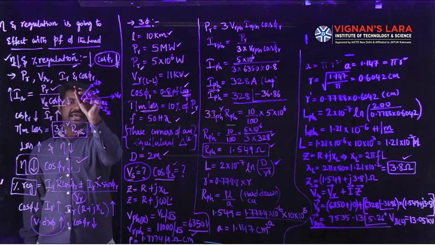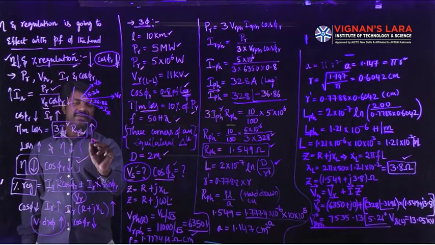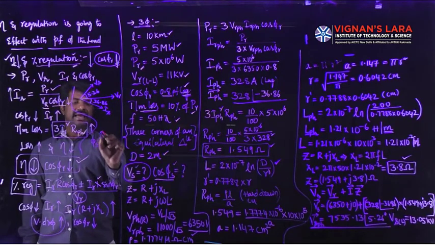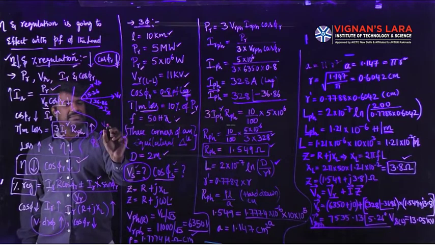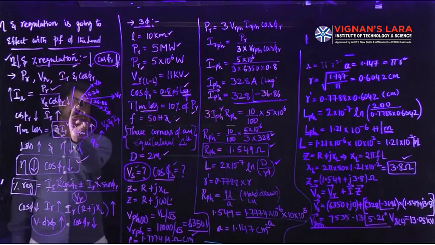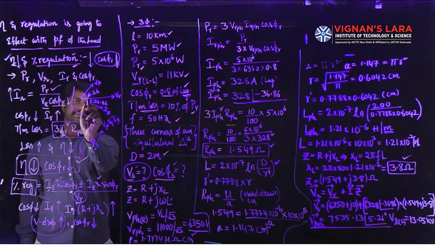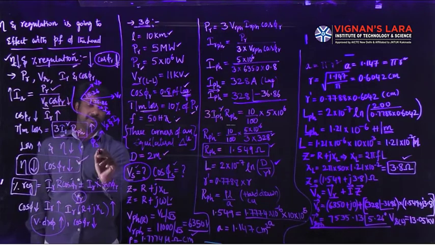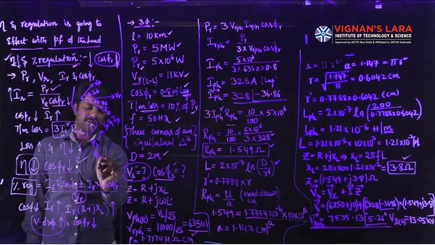Then what is the phase angle? Phi s. The phase angle phi s, what we know, is the angle between Vs and Is. What is the angle existing between Vs and Is? 36.86 plus 5.26 will become our phi s value.